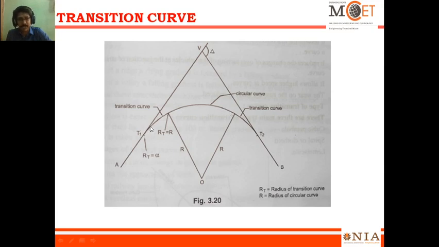From the point T1 to the starting point of the circular curve, and from the end of the circular curve to T2, this portion is the transition curve with a different radius, say RT, right?